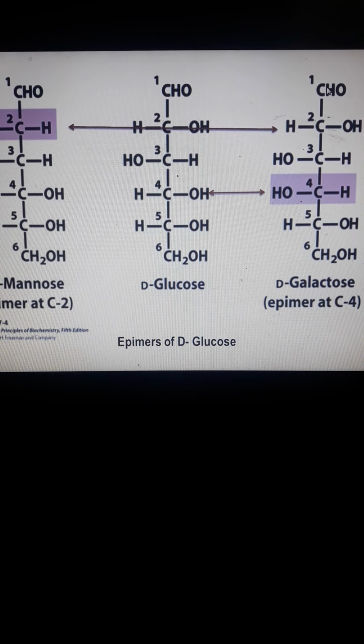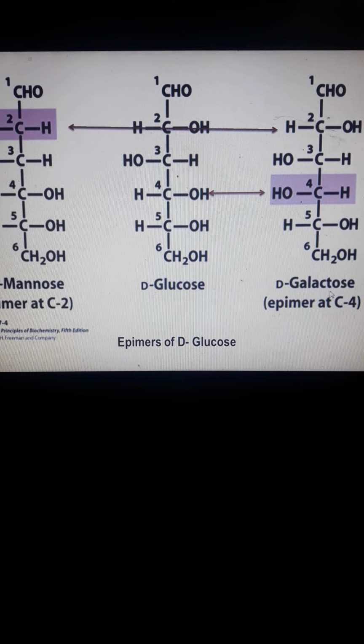Okay, galactose, for example. This is carbon number 1 from the aldehyde group, 1, 2, 3, 4. This is an aldose. So the glucose is rotated to the other side, to the left side. At carbon number 2, the OH group of the glucose rotates to the other side, or the left side, making it D-mannose.